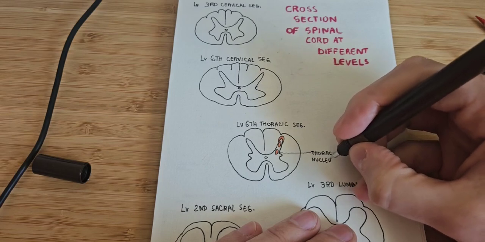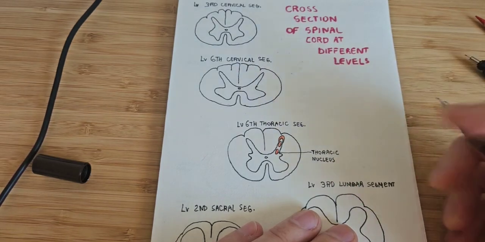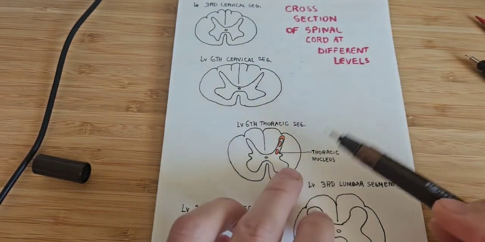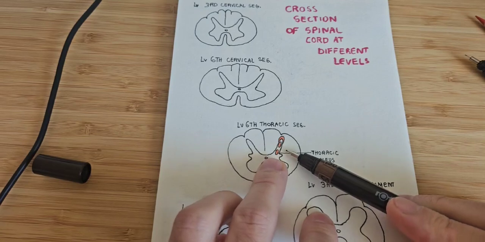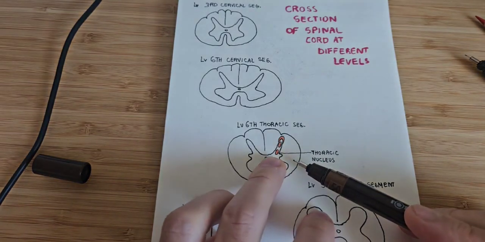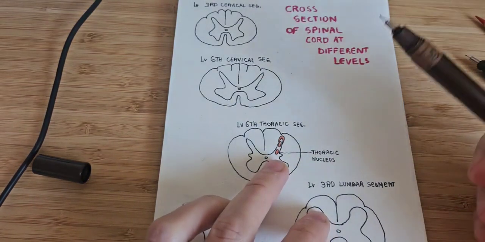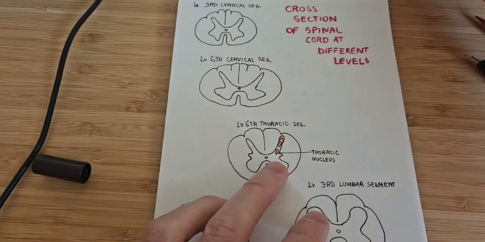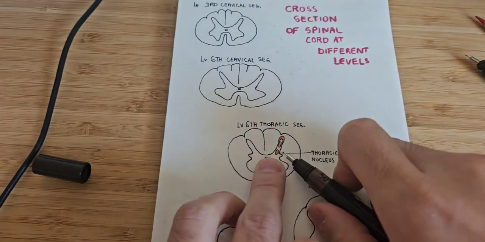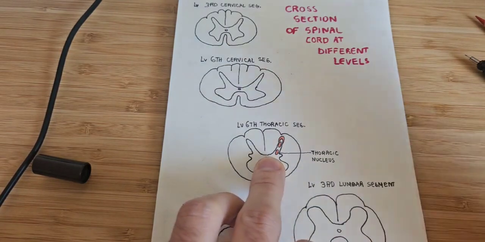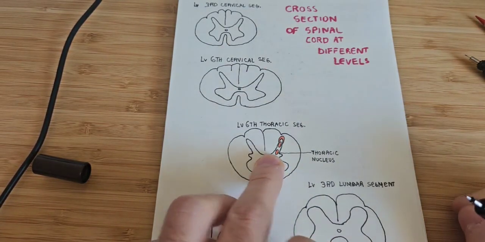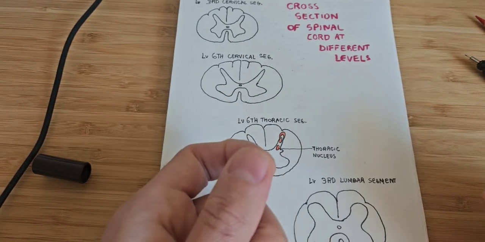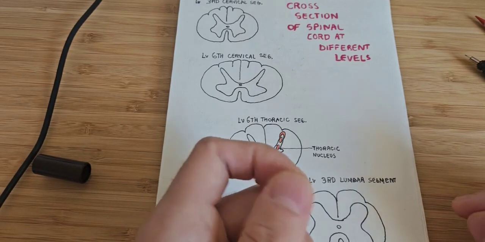We have here the thoracic nucleus, which is located at the base of the posterior horn, extending usually from C8 to T3. This nucleus in specific is involved in the transmission of proprioceptive and tactile information.